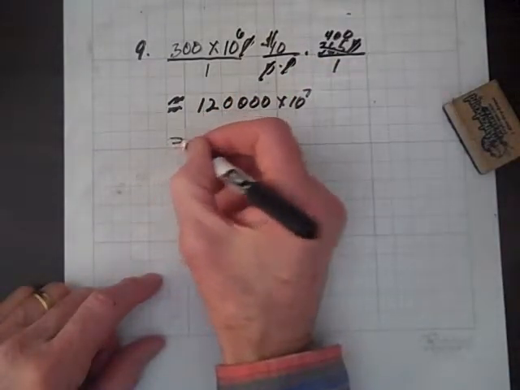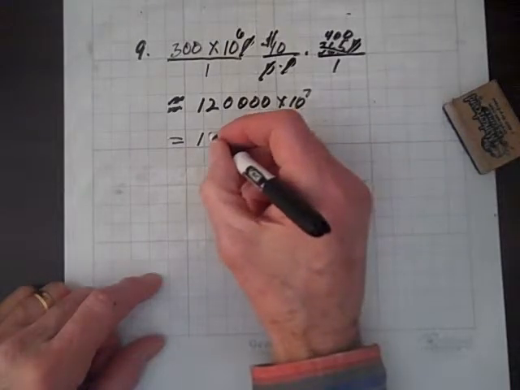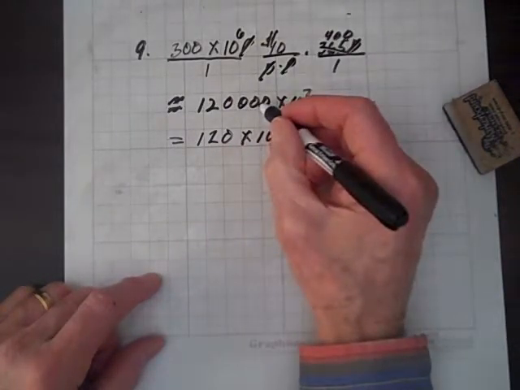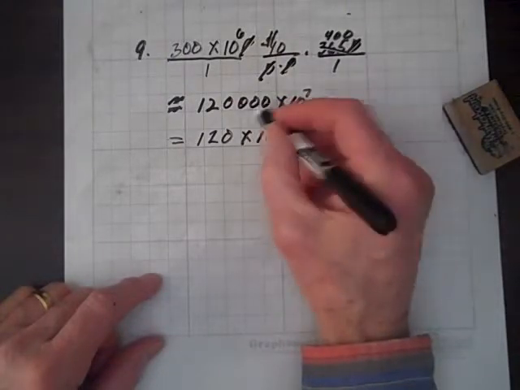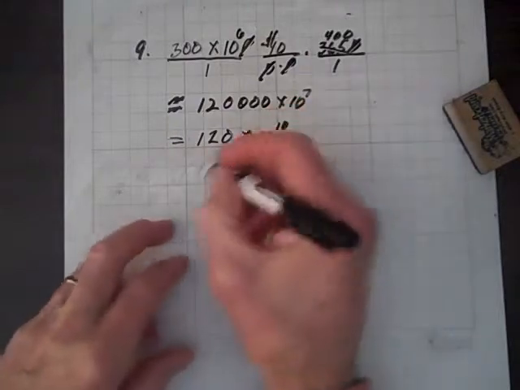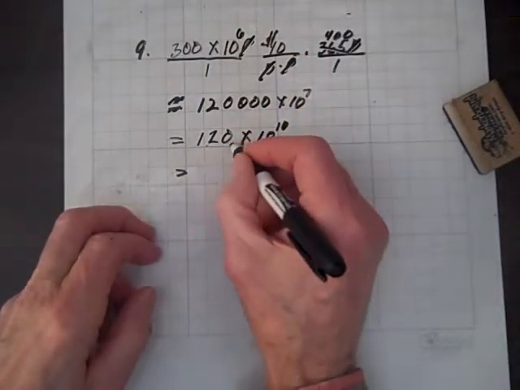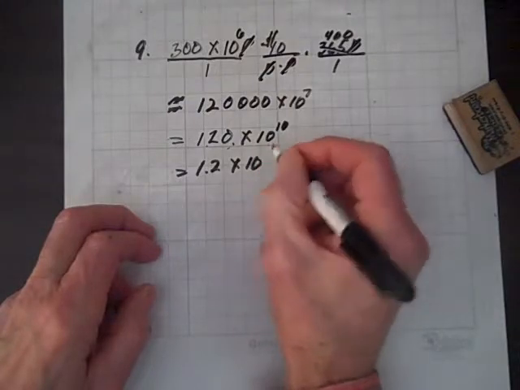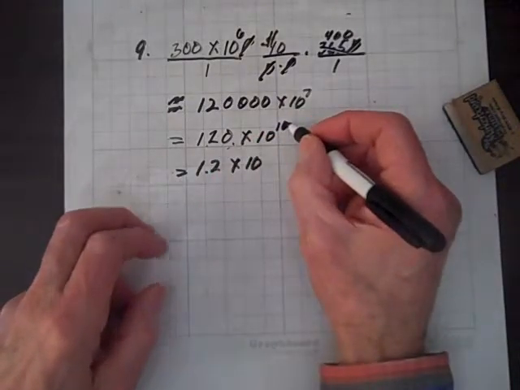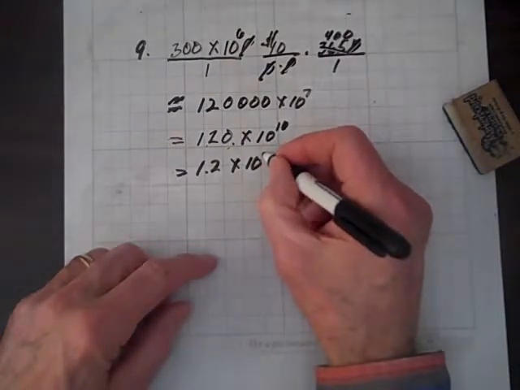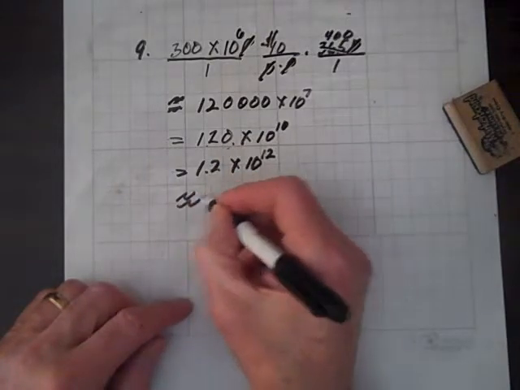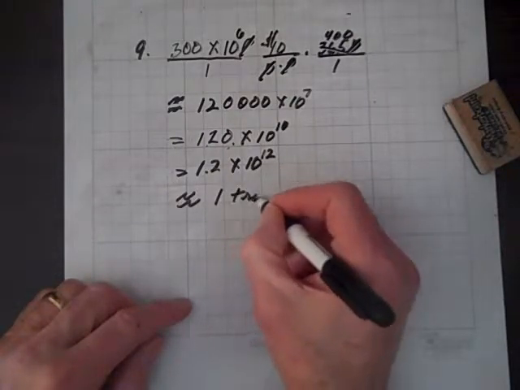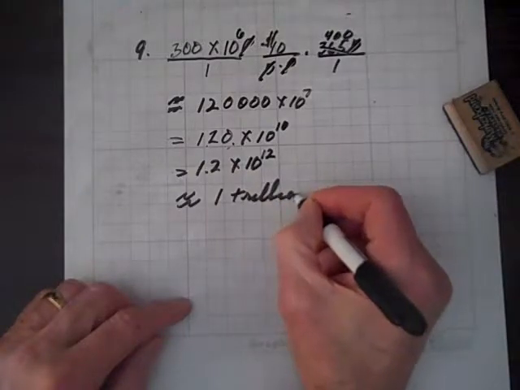Okay, and so this equals 1, 2 times 10 to the, I beg your pardon, to the 10th, and if I move this decimal over twice, I'll have 1.2 times 10 to the, if I make this smaller by a factor of 100, I have to make this larger by a factor of 100, so that's going to be 10 to the 12th, which is approximately 1 trillion dollars.